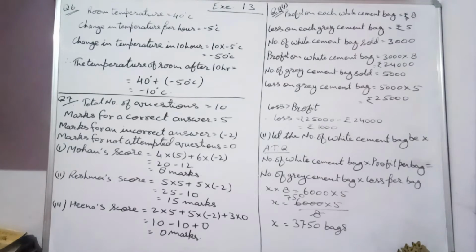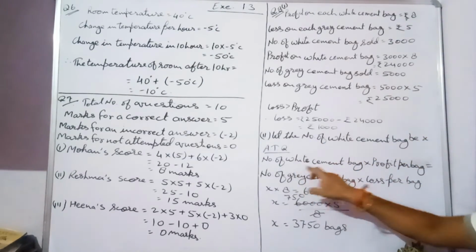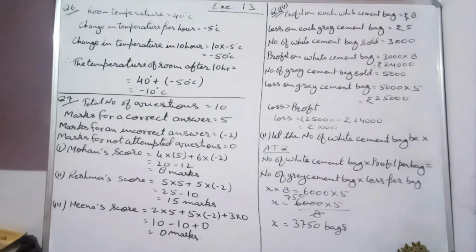Now in the second part, it is asking what is the number of white cement bags it must sell to have neither profit nor loss if the number of grey cement bags sold is 6400 bags. Because we don't know how many white cement bags the company will sell, let the number of white cement bags be X. Whenever we want no profit no loss, the number of white cement bags sold into profit per bag should equal the number of grey cement bags sold into loss per bag.